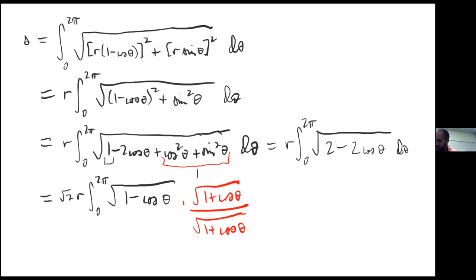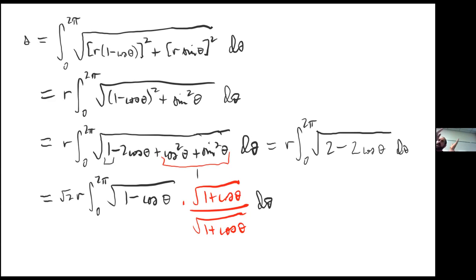And you might say to yourself, what? What is that? Well, what that's going to do is fix up the upstairs a little bit for us. Because what's going to happen if I multiply the square root of 1 minus cos theta times the square root of 1 plus cosine theta? Basically, it's going to be the square root of the product of those two.